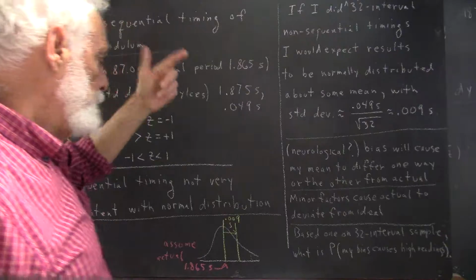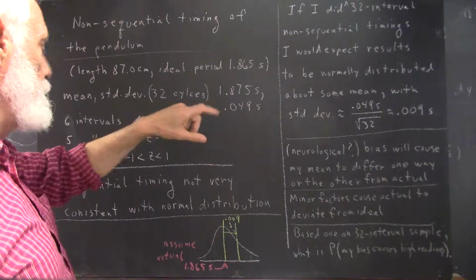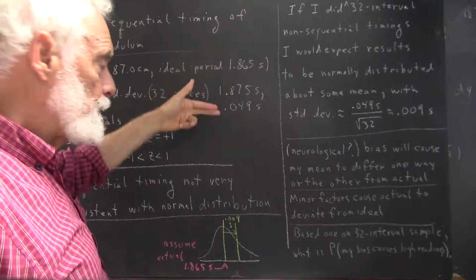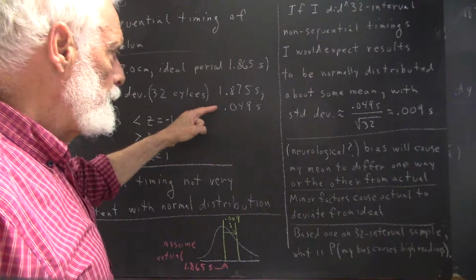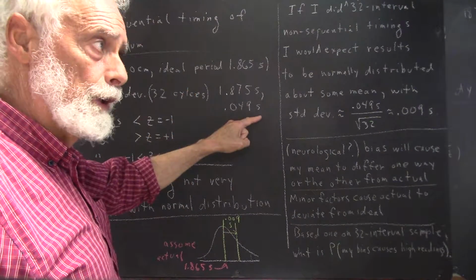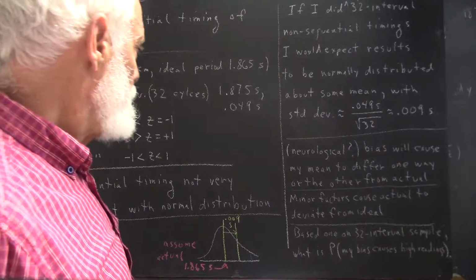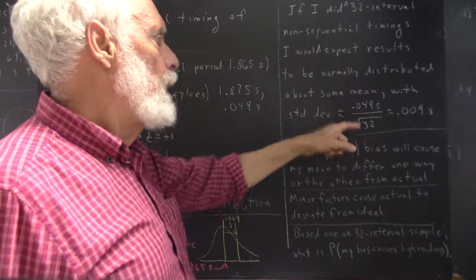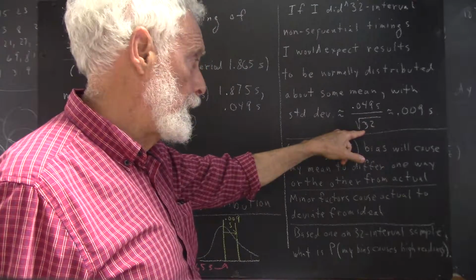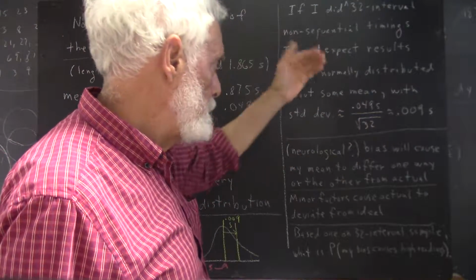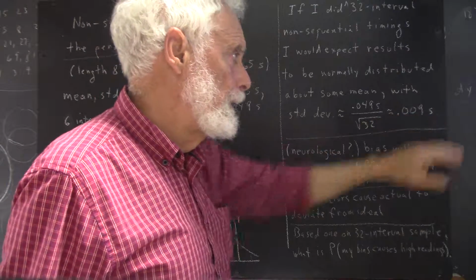Okay, so in my case, the standard deviation, at least as far as we can determine it from this data, of my individual timings is 0.049 seconds, which means that the standard deviation of 32 interval trials would be 0.009 seconds.